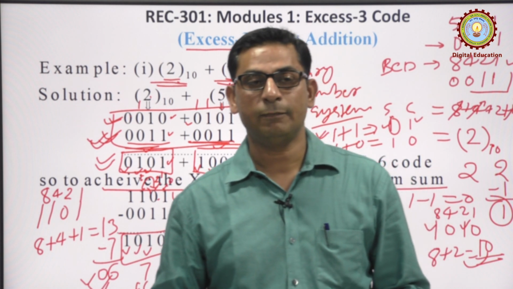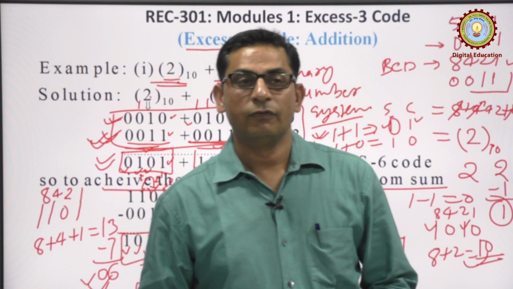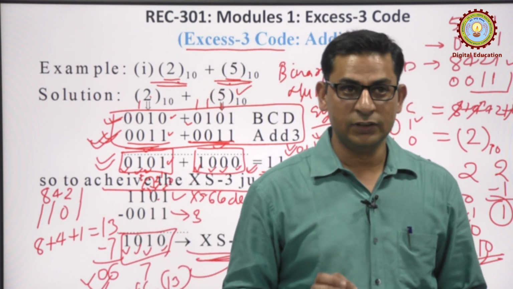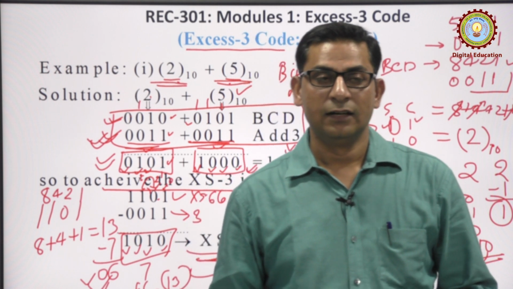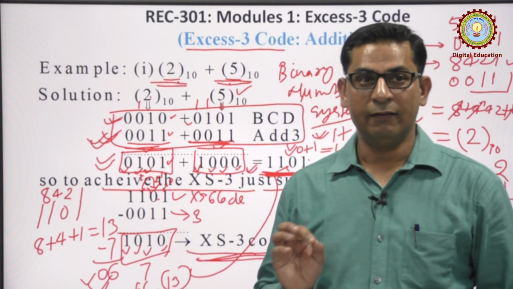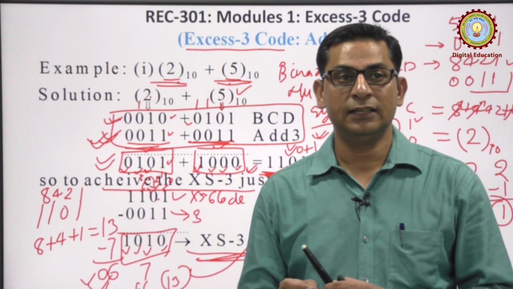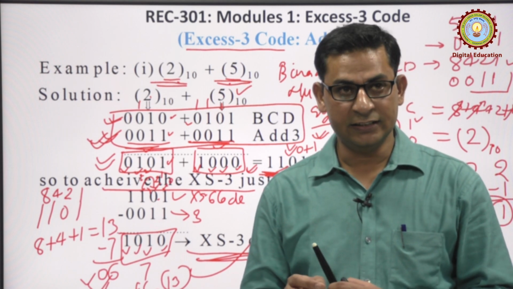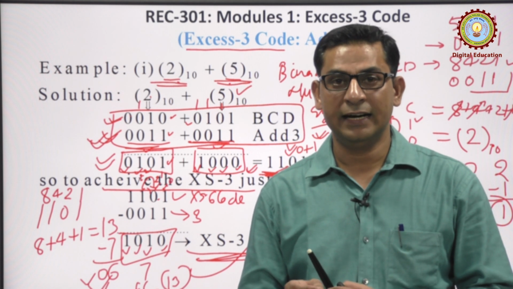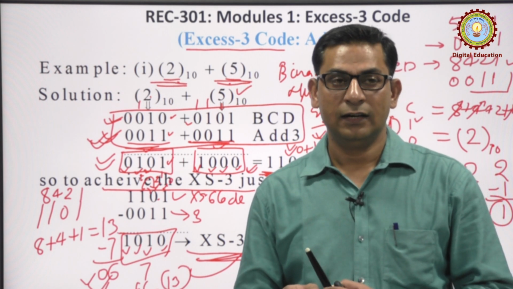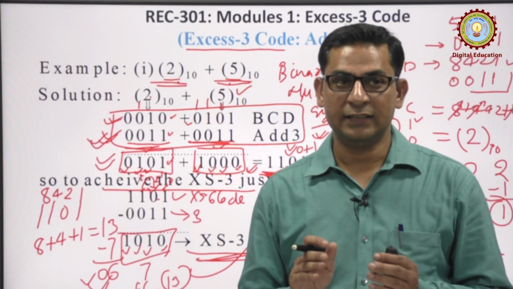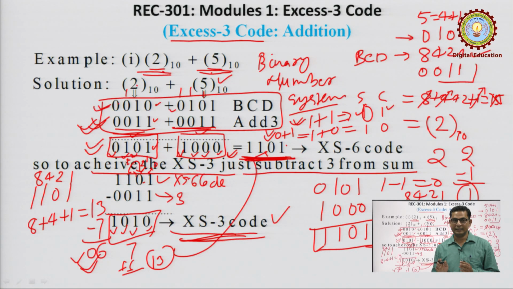The most important part of this question is, whenever you are going to add 2 decimal digits, always remember we have to add the Excess-3 in each digit, but whatever answer we get at the end of adding the Excess-3 codes will not be the Excess-3 code.